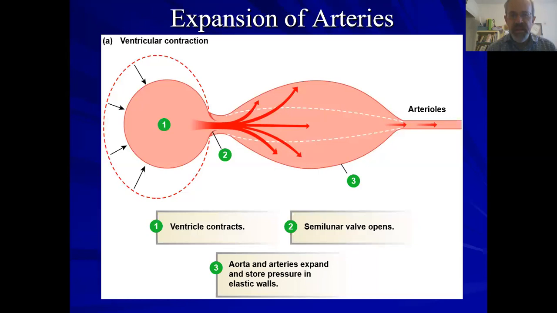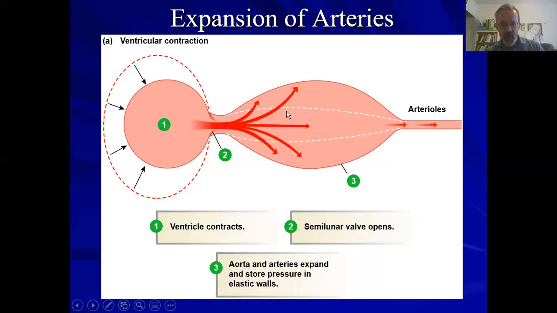This is a picture showing how the arteries, or the aorta for example, change during systole and diastole. If you look at this dashed representation, this is the normal size of a ventricle. When the ventricle contracts, obviously it gets smaller and squeezes blood into the artery through the valves. This is the normal size of an artery.